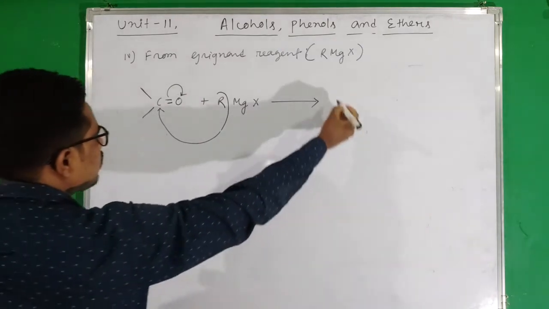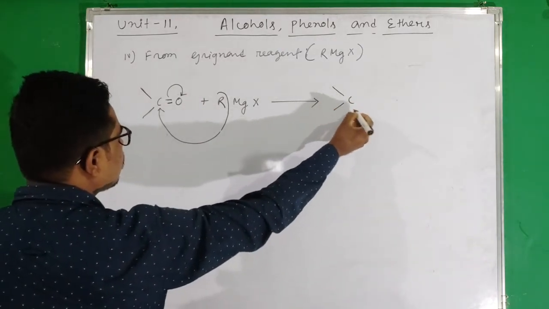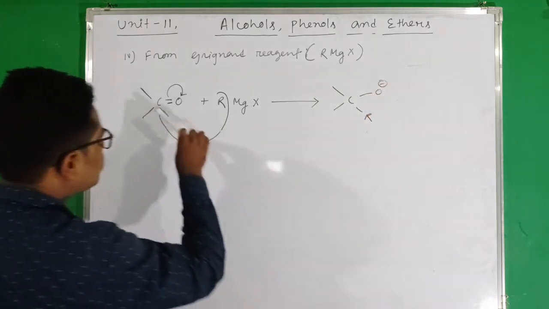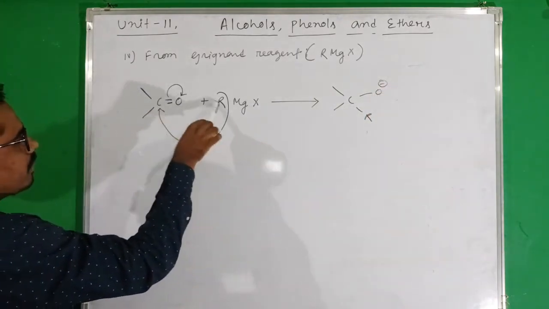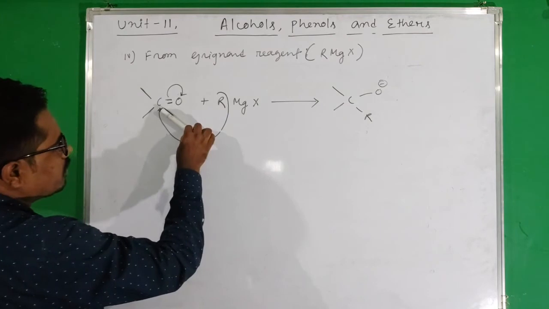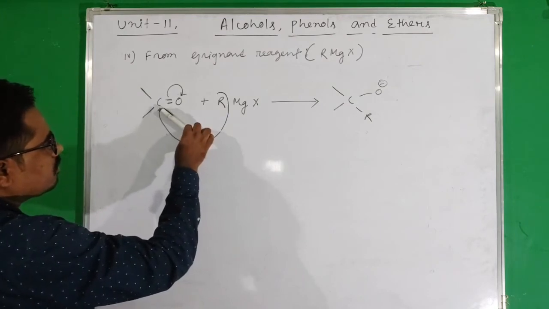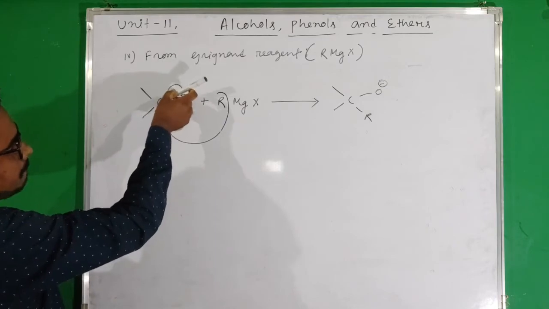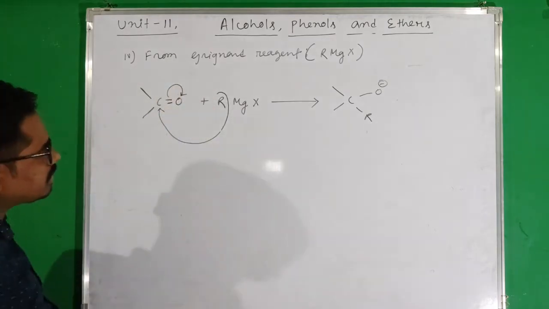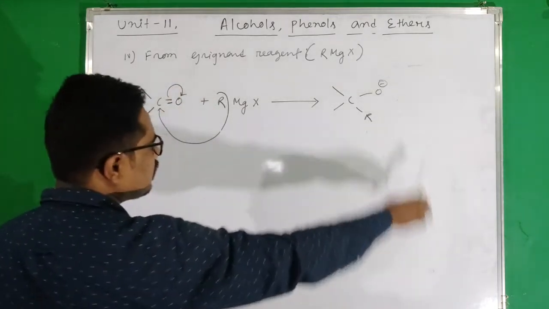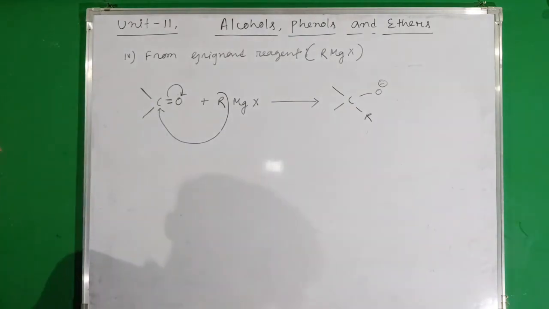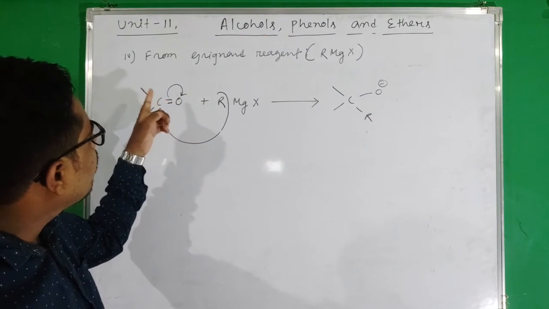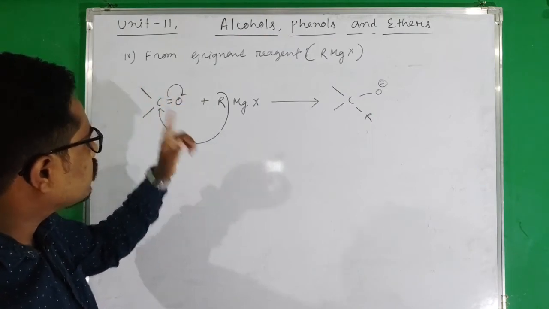Okay, and the result is O negative. That means this carbon will form a chemical bond with the R, that means alkyl group, and in this case only one carbon oxygen bond will be present, and the oxygen will gain negative charge due to complete transfer of these pi electrons to the oxygen atom.